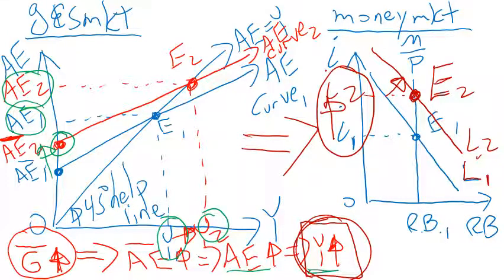All right? An increase in the interest rate. And what has happened to money supply? Nothing. Well, up to now, nothing, right? This is short term. We're looking at the short term fluctuations of the economy.